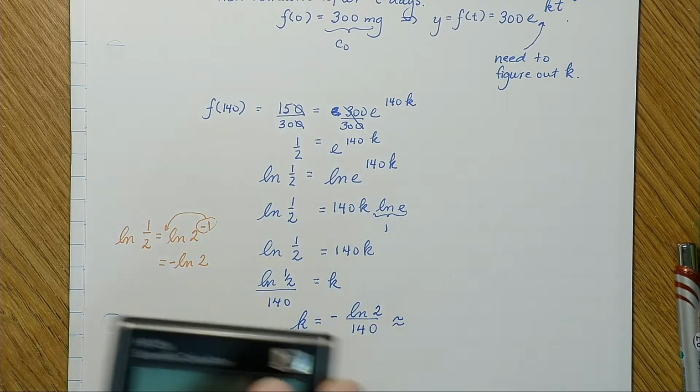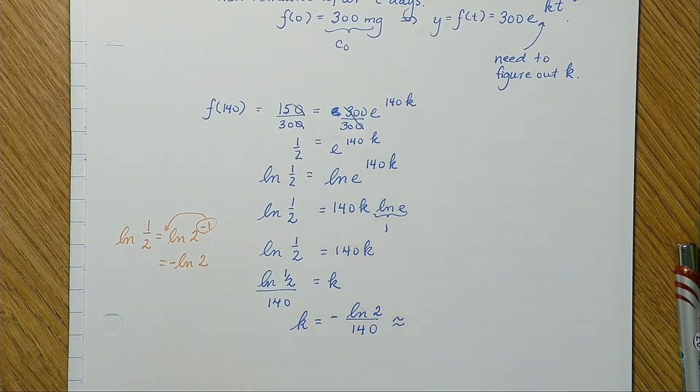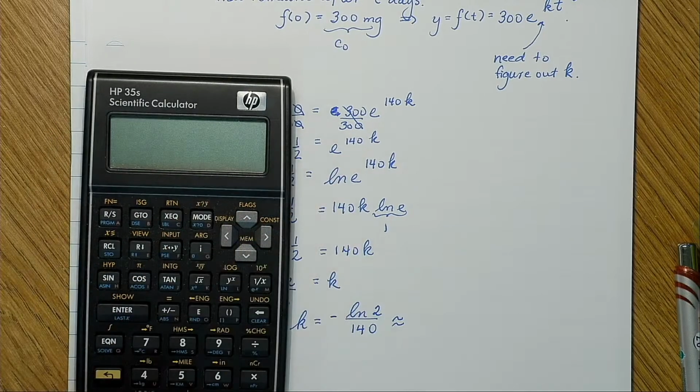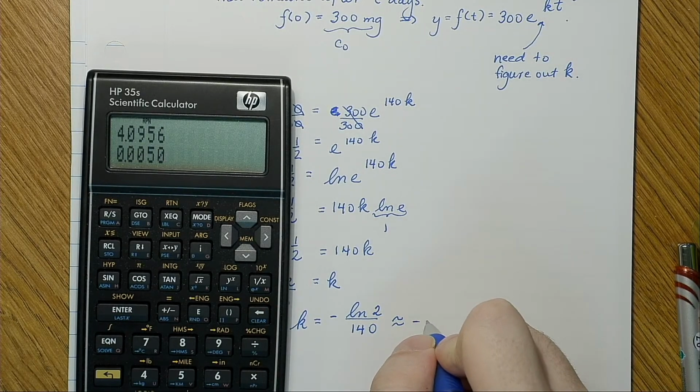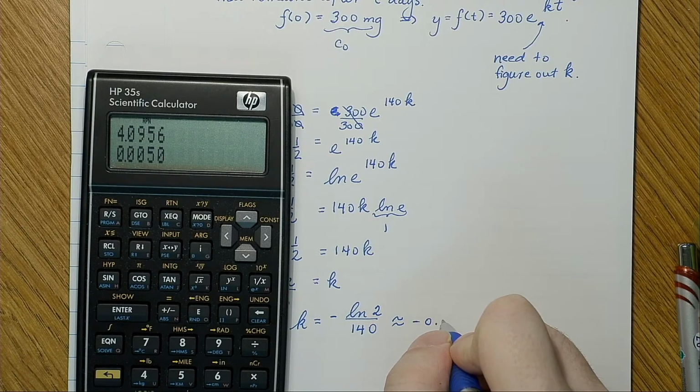And that's approximately equal to... you can just leave it like that, that's good enough, ln 2 over 140. But if I take it into the calculator, approximately negative 0.005.